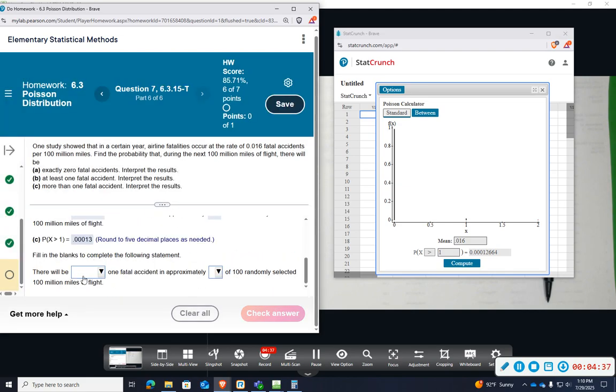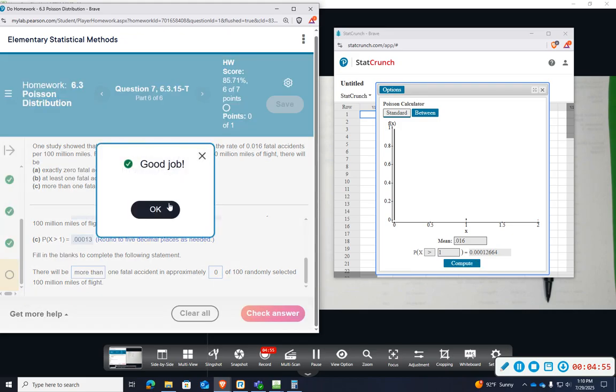And then if we look at the wording, more than 1, there will be more than 1. And then if I multiply this by 100, it's still going to be 0. Okay, so multiply by 100, move the decimal over twice, we'll end up with 0.0, that will not round up. All right, that'll do it.